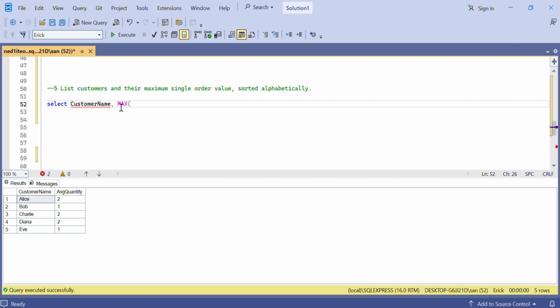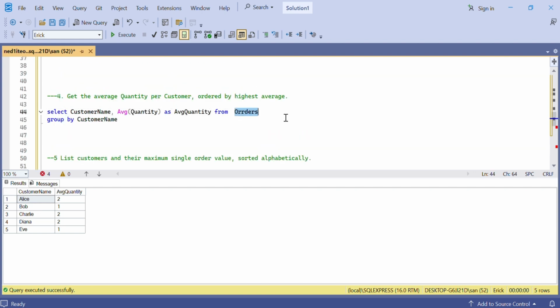So max, and then we'll have to calculate the amount, which is quantity times unit price, and then you call it maximum value from our column.